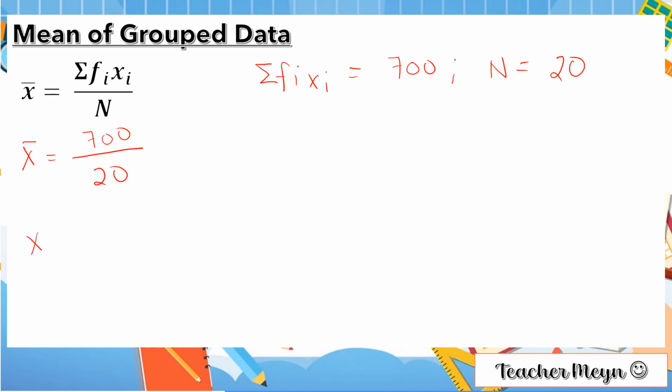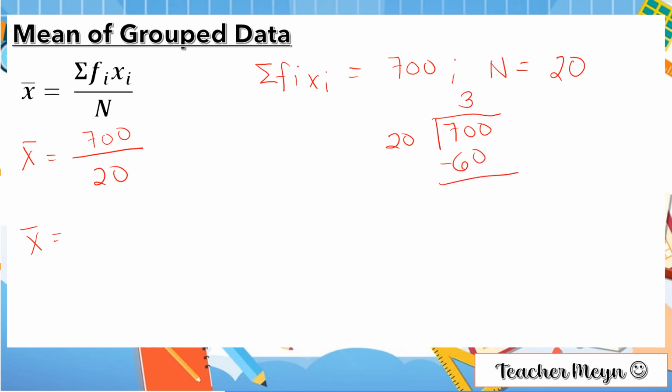So we need to divide 700 by 20. 70 divided by 20, the answer is 3. 3 times 20 is 60.